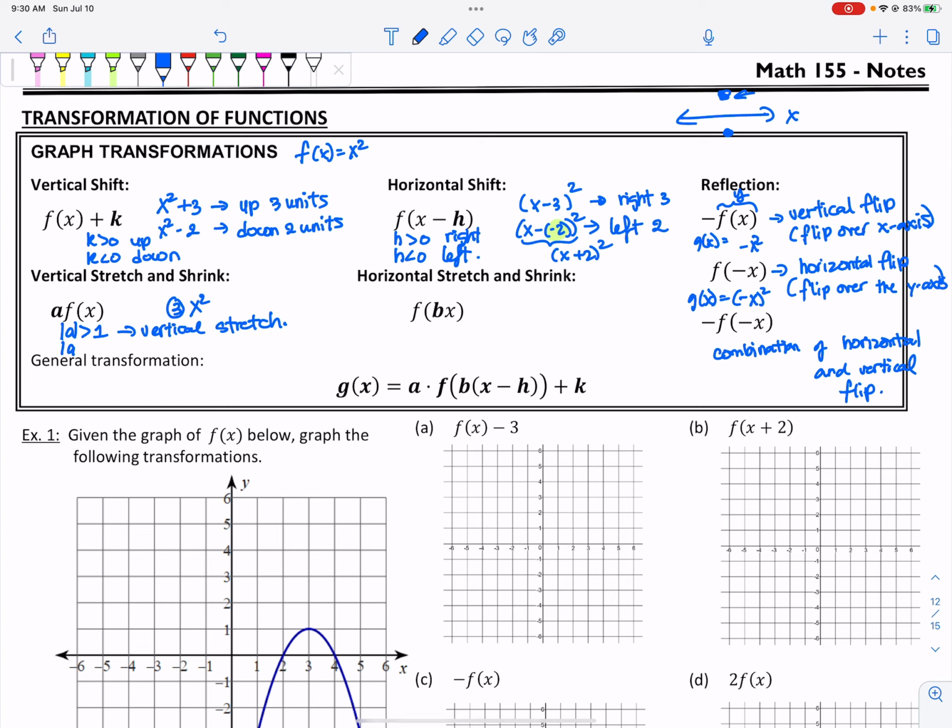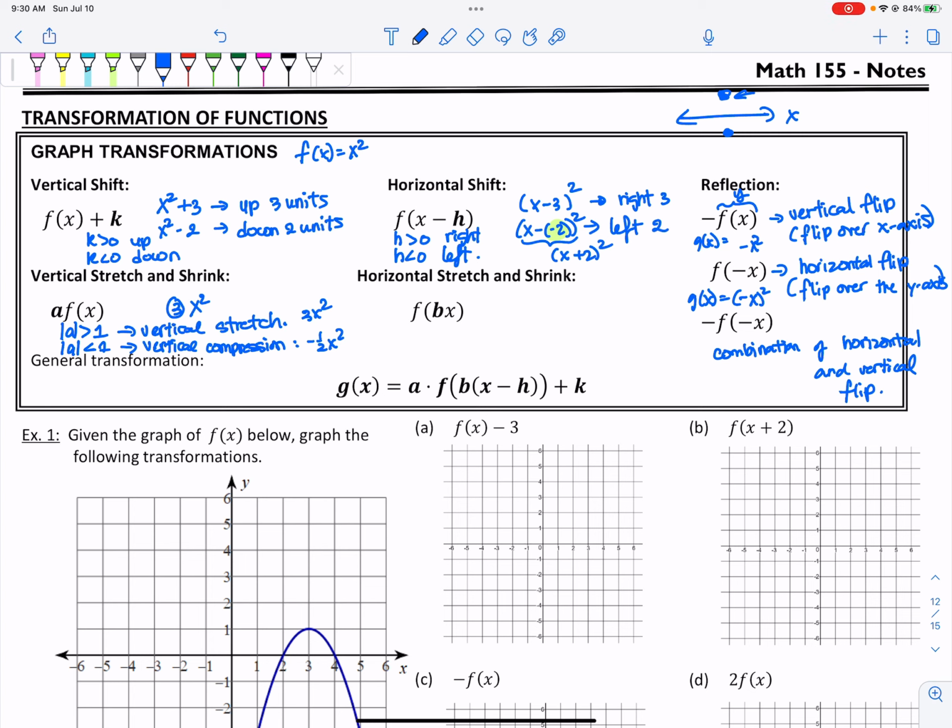If we have the absolute value of a less than 1, then we have a vertical shrink, or compression. So for example, we have negative 1/2 x squared. That would give us a vertical compression and also reflection. Vertical stretch, if we have, again, 3x squared.